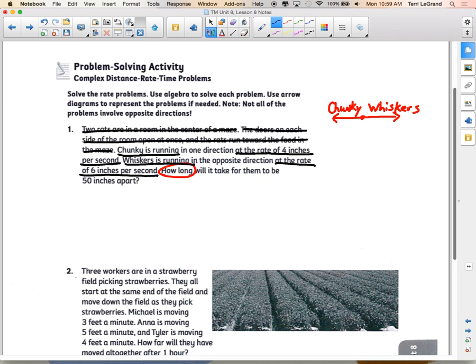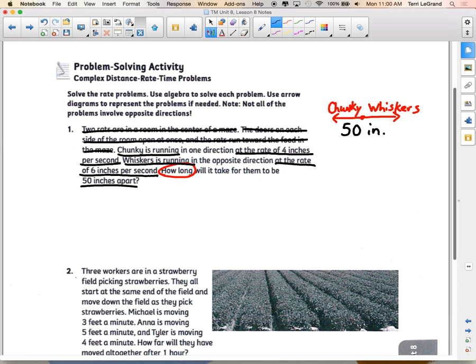How long will it take for them to be 50 inches apart? So we want to know when will this whole distance be 50 inches? When will they be 50 inches from each other?